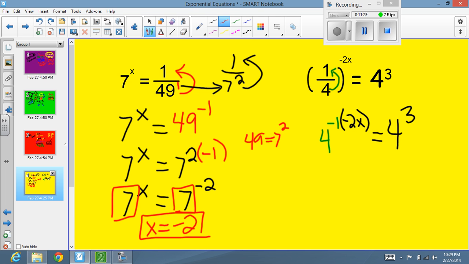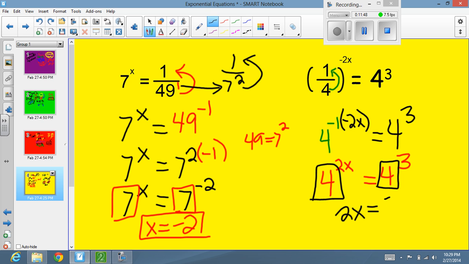So this simplifies to 4 to the +2x, if I do -1 times -2x, equals 4 to the 3rd. I have common bases, and once I have common bases, I can do an equation with the exponents. Divide each side by 2, and I get x equals 3/2.